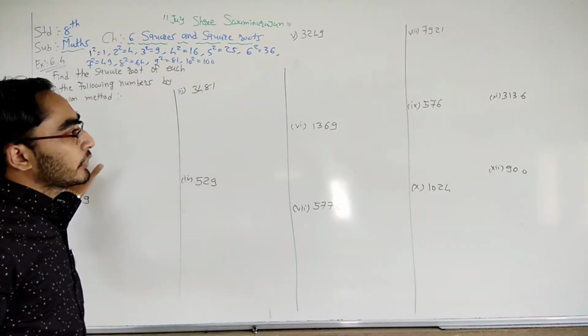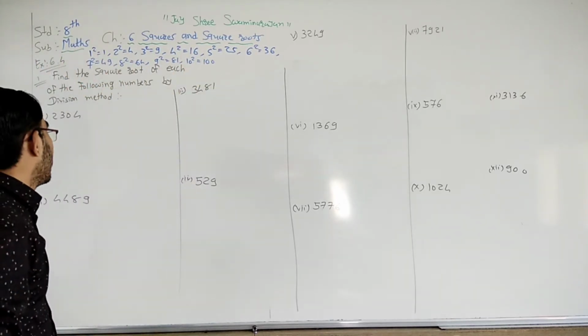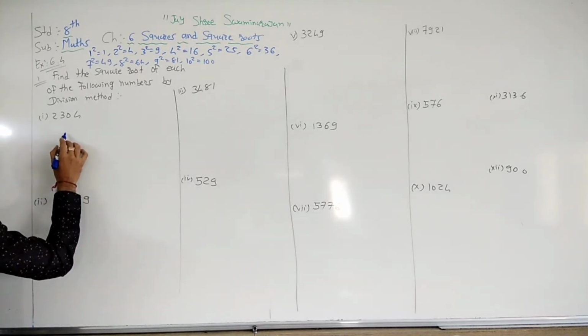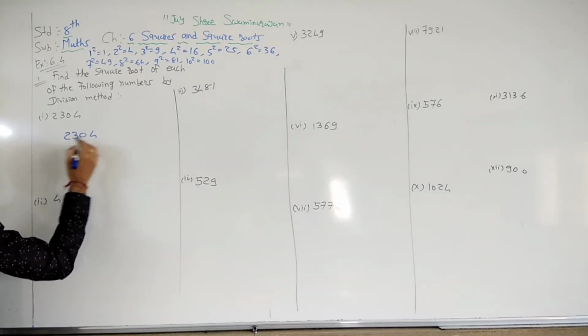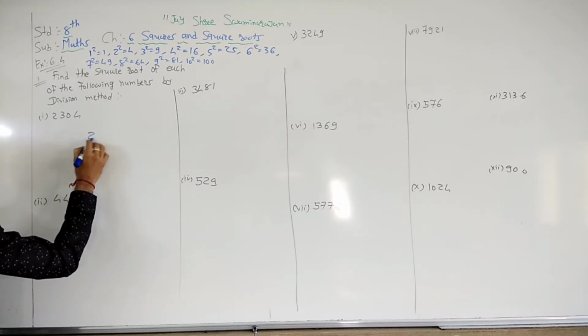Before starting this method, we need to remember the squares of 1 to 10. Now 2304. This method is somewhat similar to the division process.